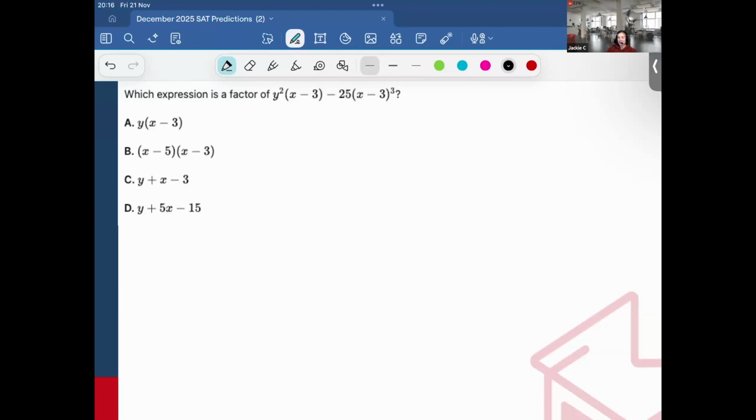Okay, so now this one, which expression is a factor of y squared, x minus 3 minus 25, x minus 3 cubed? Okay, so we could break this down further just because for sure I can see that x minus 3 is going to be a factor.